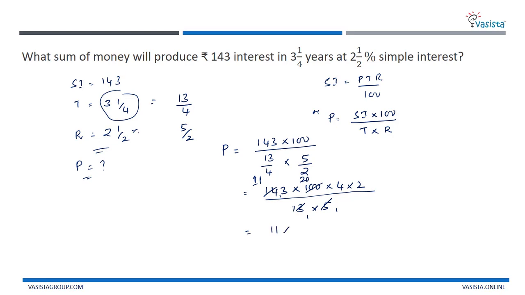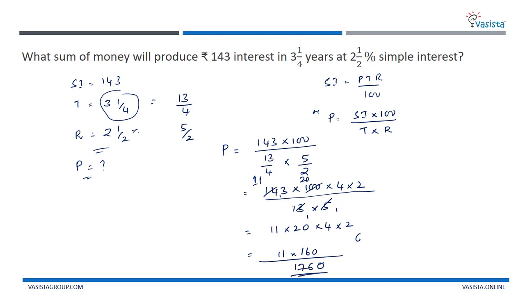Now 11 into 20 into 4 into 2. Now 4 twos are 8, 8 twenties are 160, that is 160 into 11. So now multiply it. 11 zeros are 0, 11 sixes are 66, 6 carry, 11 ones are 11 plus 6, that is 17.